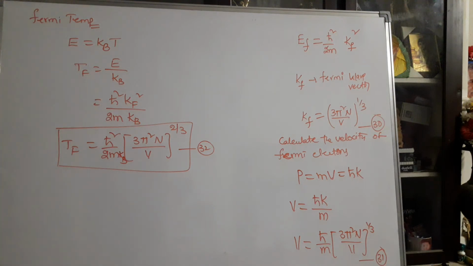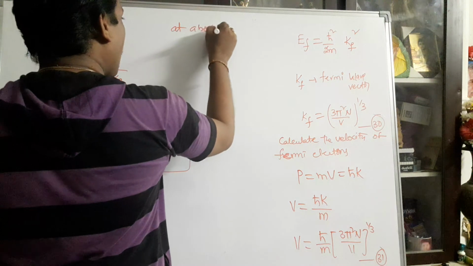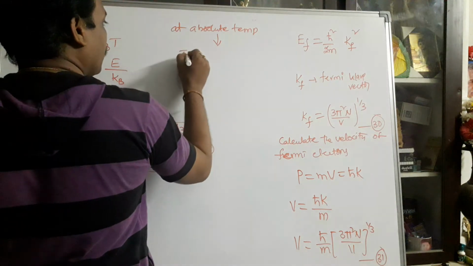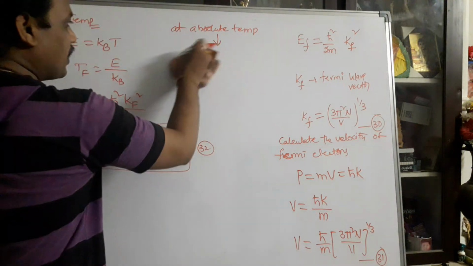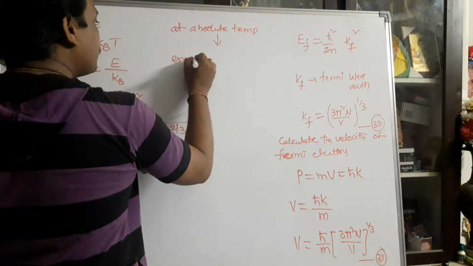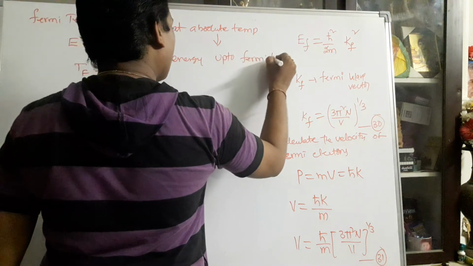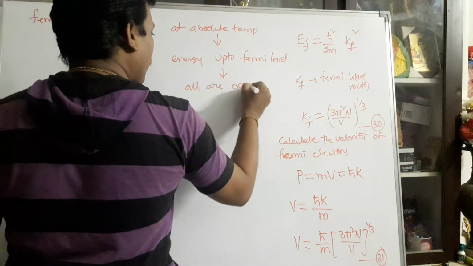At absolute temperature, all allowed states or energies up to the Fermi energy level will be occupied. At absolute temperature, all states up to the Fermi energy level are occupied.